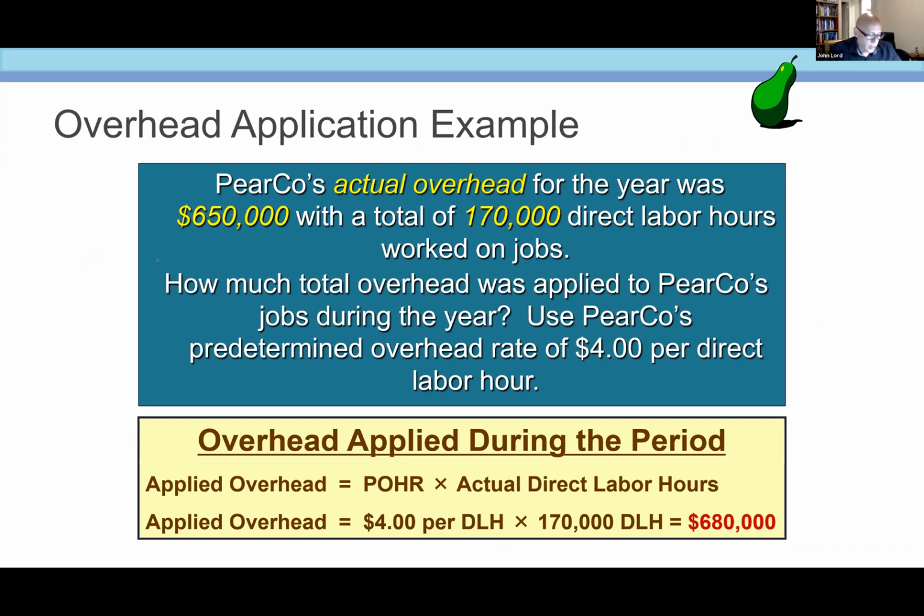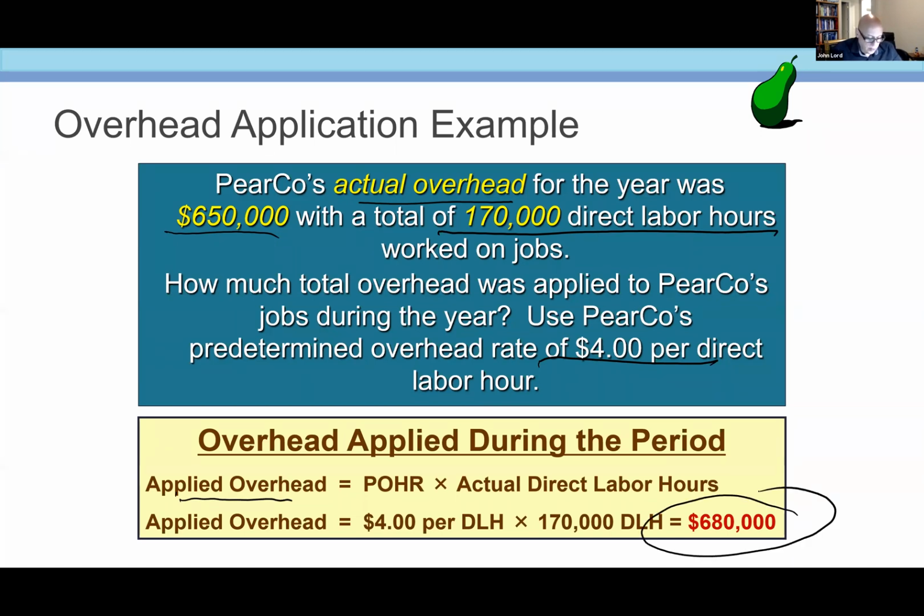Okay. But let's go ahead here, and they tell me actual overhead was $6.50. They tell me that the predetermined overhead rate was $4. So they're back to the $4 now, and it's 170,000 direct labor hours. So the amount that was applied is what? 680.